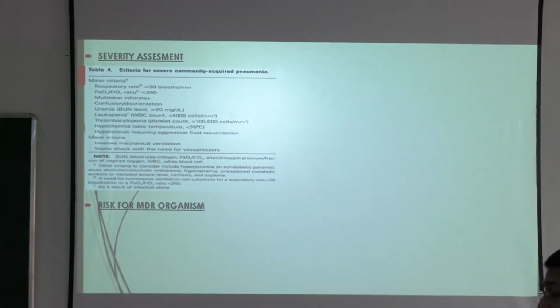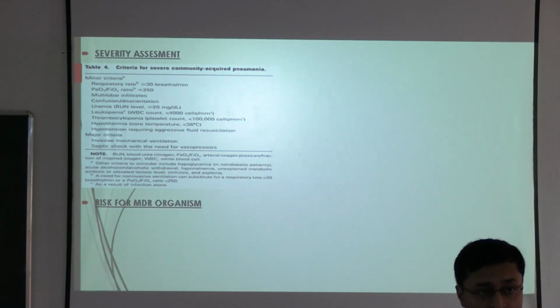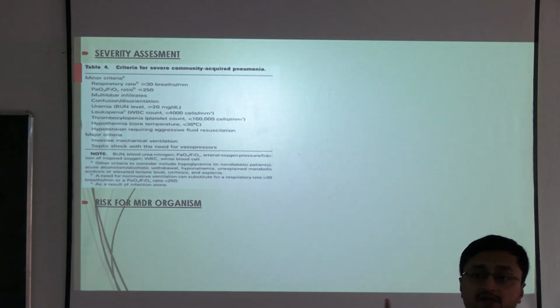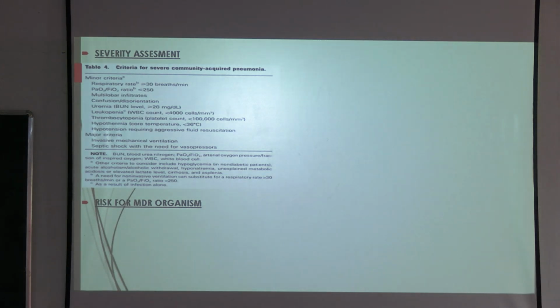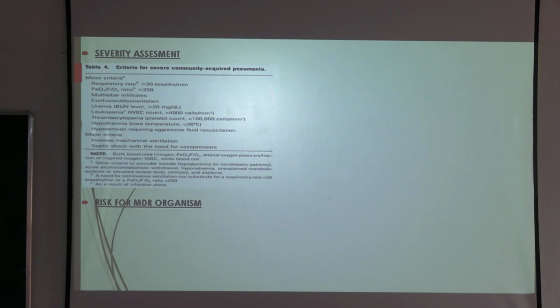So the major criteria involves any one of the major criteria, that is the patient with pneumonia requiring mechanical ventilation or patient requiring vasopressor to elevate his blood pressure, or any three of the minor criteria, that is respiratory rate is more than 30, PF ratio is less than 250, there is multilobar infiltrate, patient is confused and having uremia or leukopenia, thrombocytopenia, hypothermia.